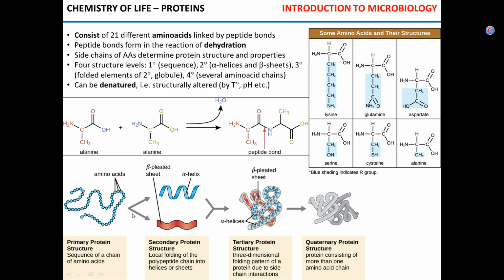But when you release it, it's going to go back to the coil form because it's a low energy form. For protein, folding is the way to get to the low energy form. Is that clear? So there are 2 major secondary structures, alpha helix and beta sheet.